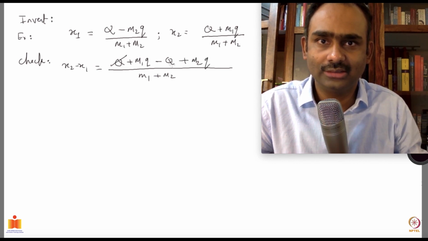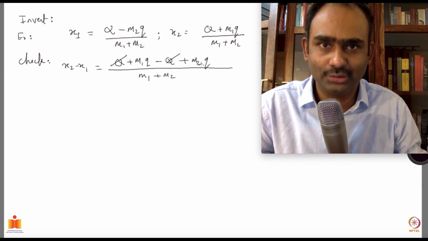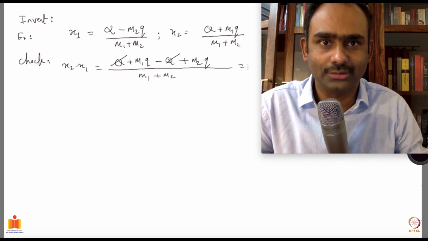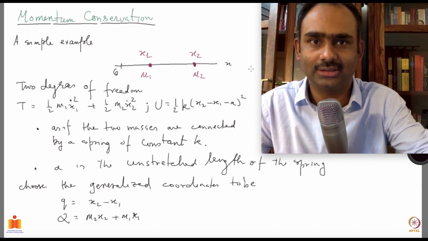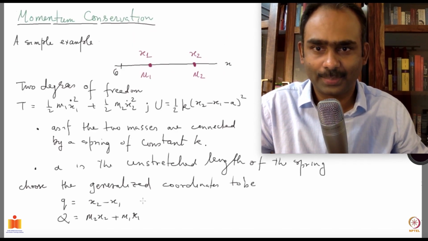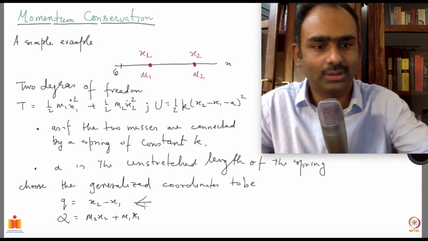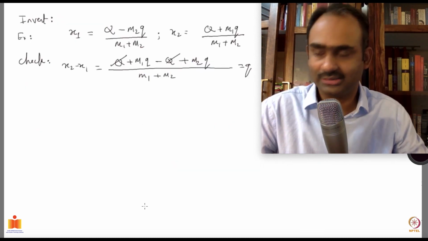This capital Q cancels, and you have m1 plus m2 you can take out, and q will be the factor, which you see is q. And that's what we started with. So let's go back here. Indeed what I have given as result is correct.